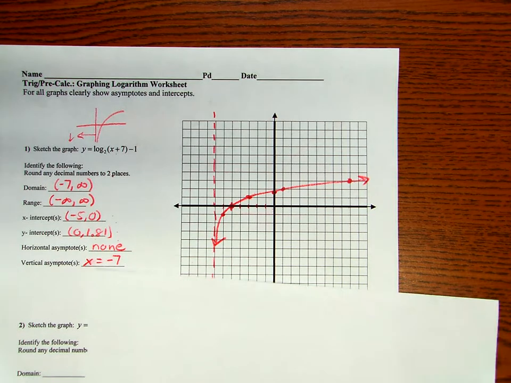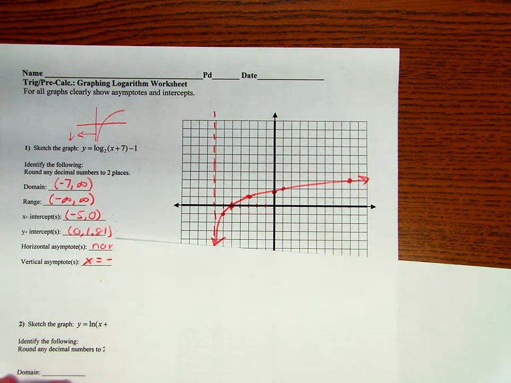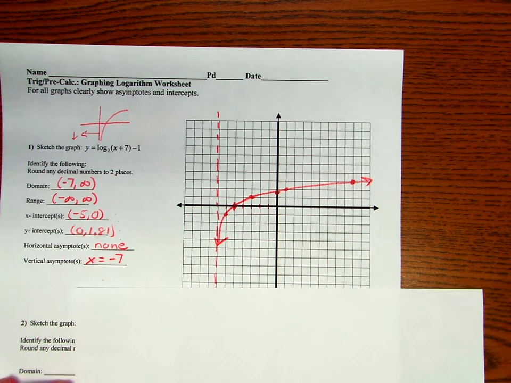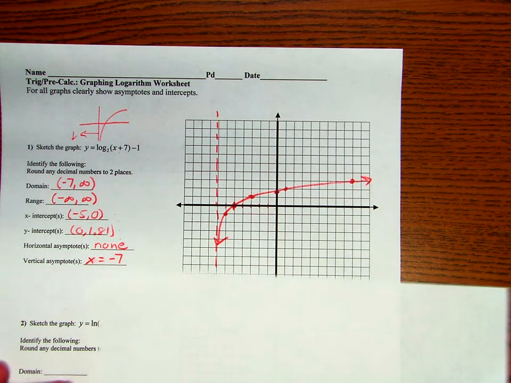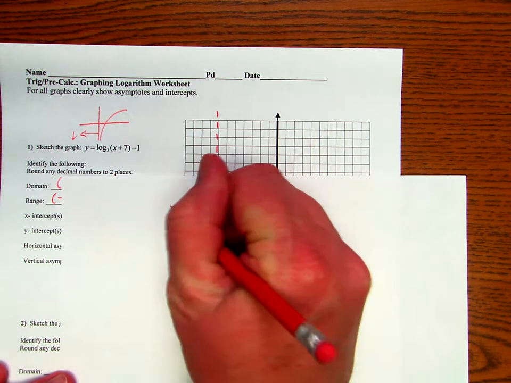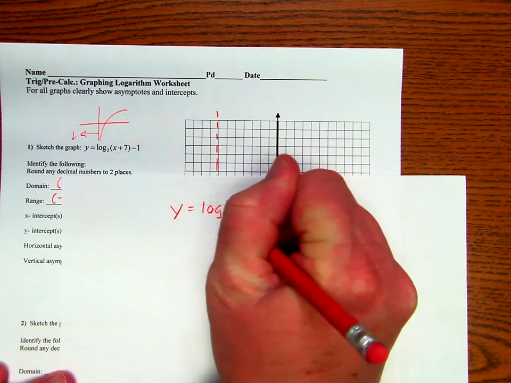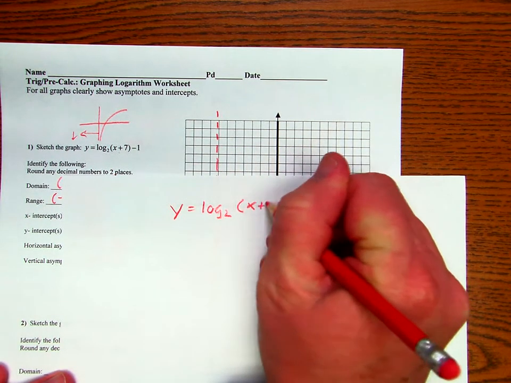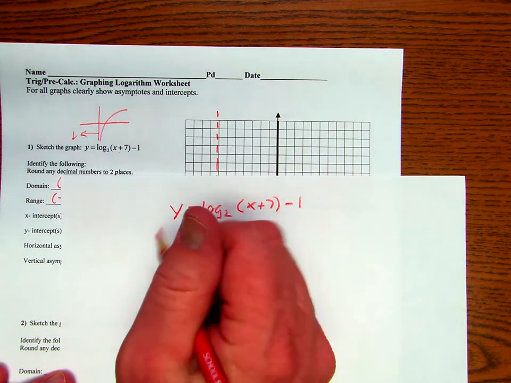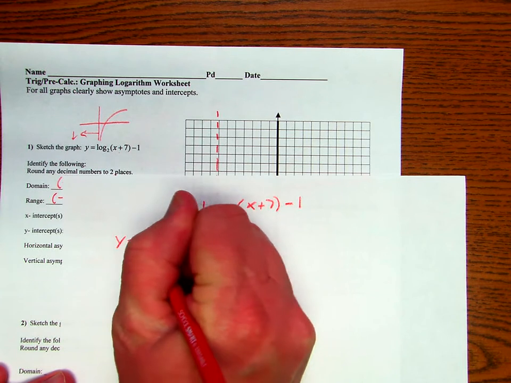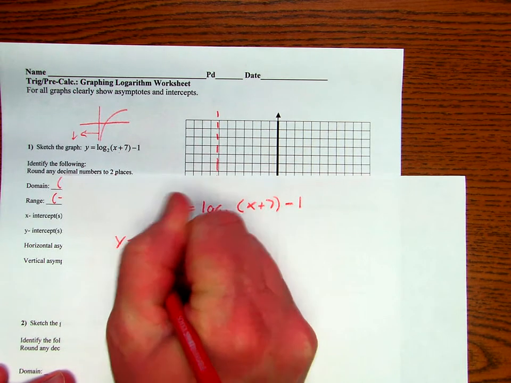Now, what if you were asked to find x and y intercepts, and you were asked to do so without graphing technology, like just a regular scientific calculator? How would you handle it? So y is equal to log base 2 of x plus 7, minus 1. If we wanted to get the y-intercept, we let x equal 0.